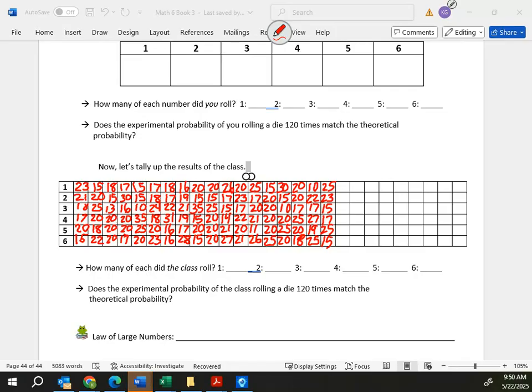If you haven't told me your numbers, come on up and tell me your numbers. So I'm missing quite a few people. Who am I favoring?